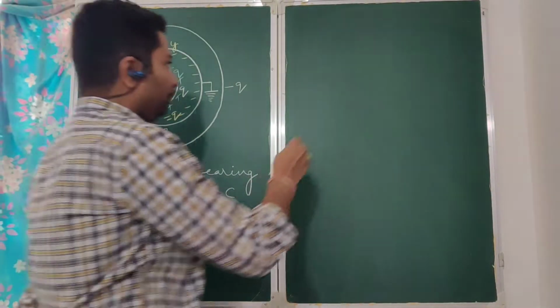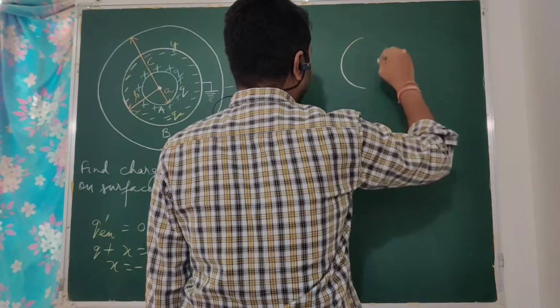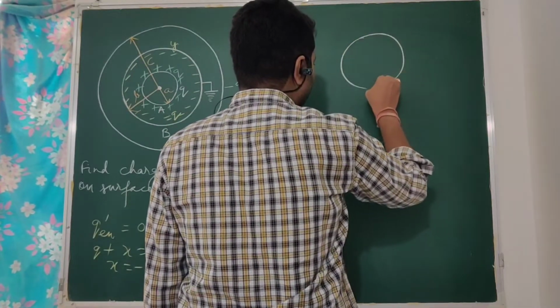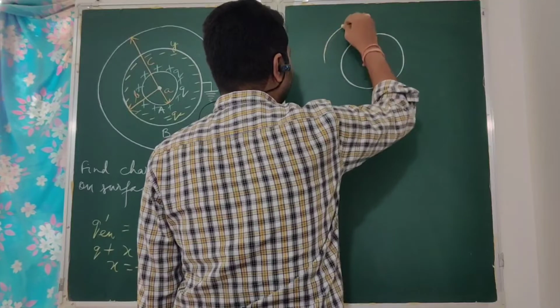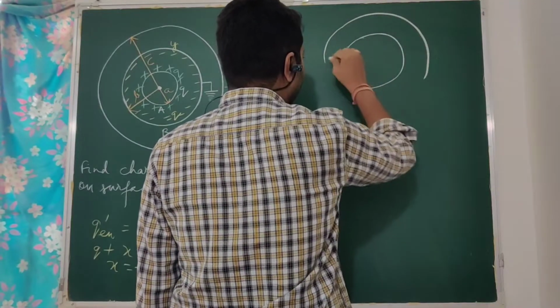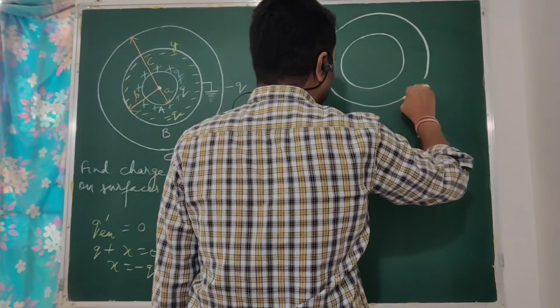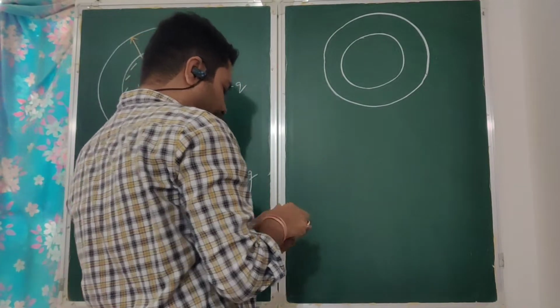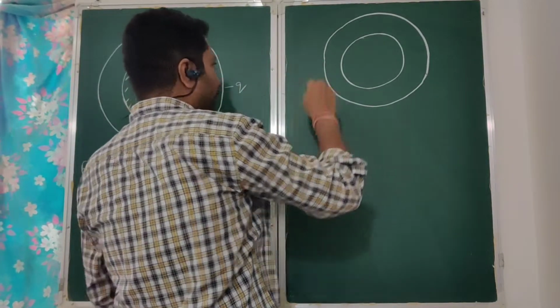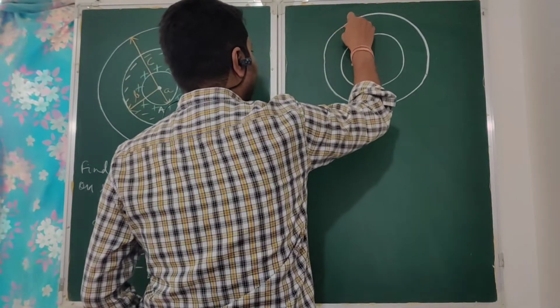Now if you will talk about a sphere C, again a sphere C, inner surface, and let us say this is the outer surface of a sphere C. So this is made up of some material.